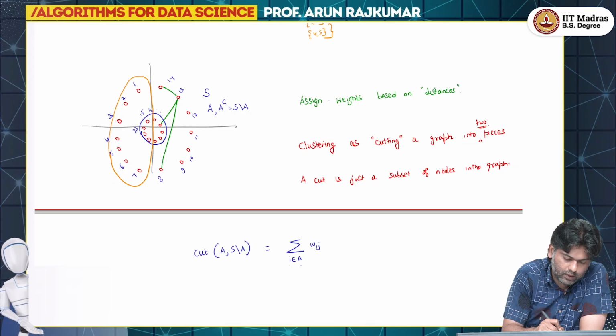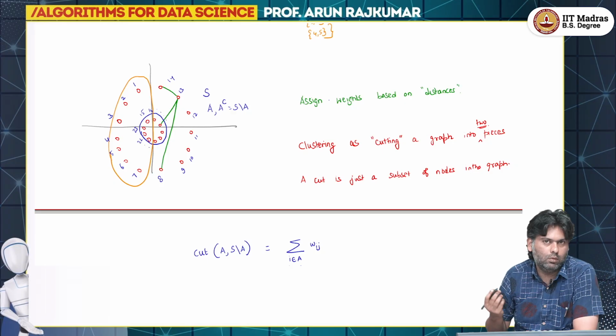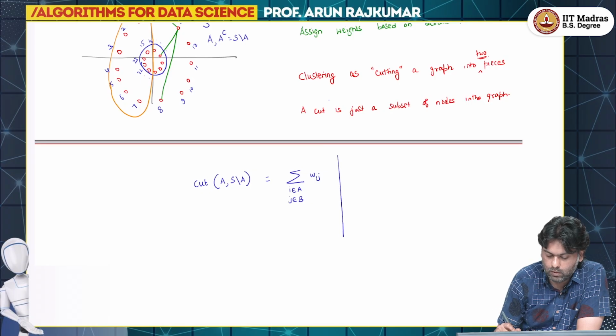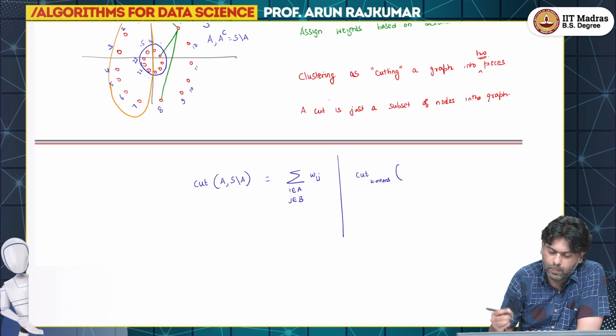So there are 23 nodes in this. Now the cut that k means might produce would just be the set 1, 2 till 7.